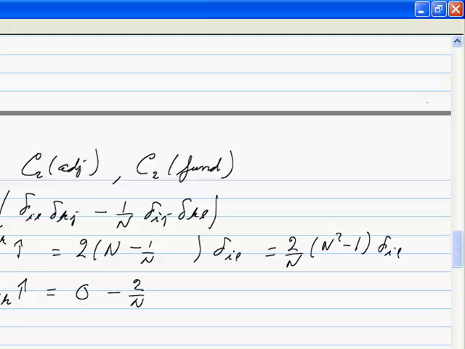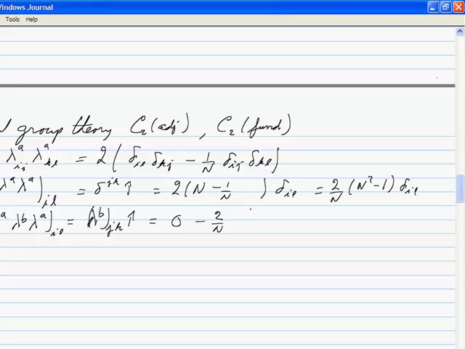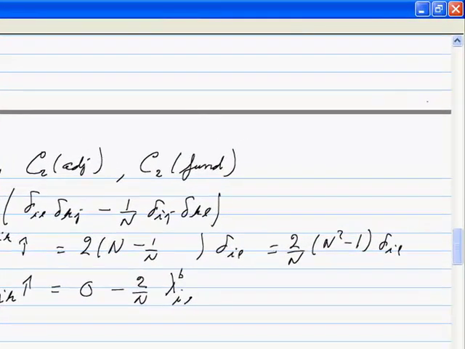This one is IJKL, so this turns into lambda B IL becomes the lambda matrix. So basically, when you do the sum of these two on the outside, you pick up a minus 2 over n times the same thing again.